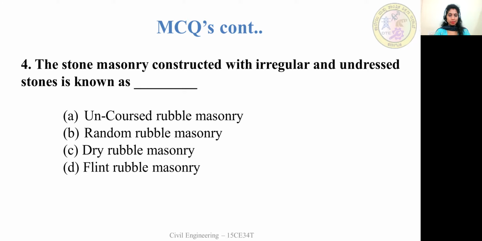Option B, random rubble masonry. Option C, dry rubble masonry. And option D, flint rubble masonry. Write it out yourself. Let me give you some time. Read the question and select the most appropriate one.